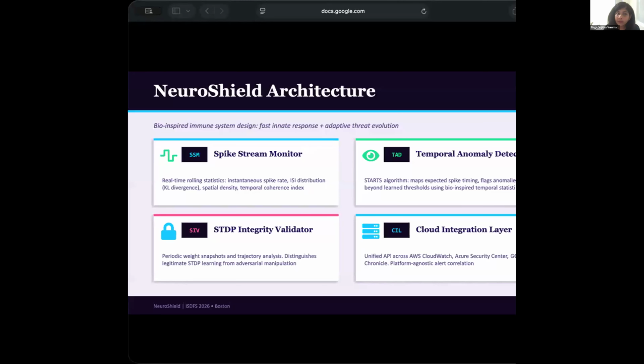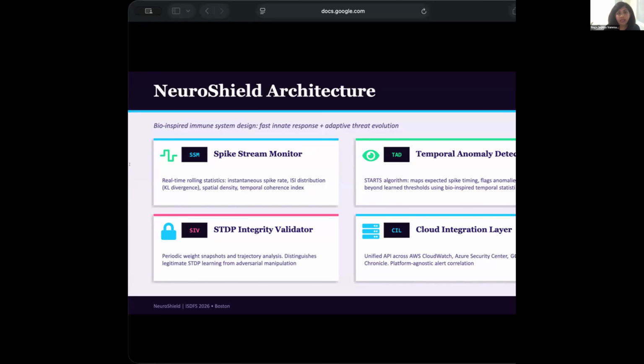from biological immune systems. And I want to be precise about the analogy because it's not just metaphorical. So here, the SSM, which is a spike stream monitor, is our innate immune response.